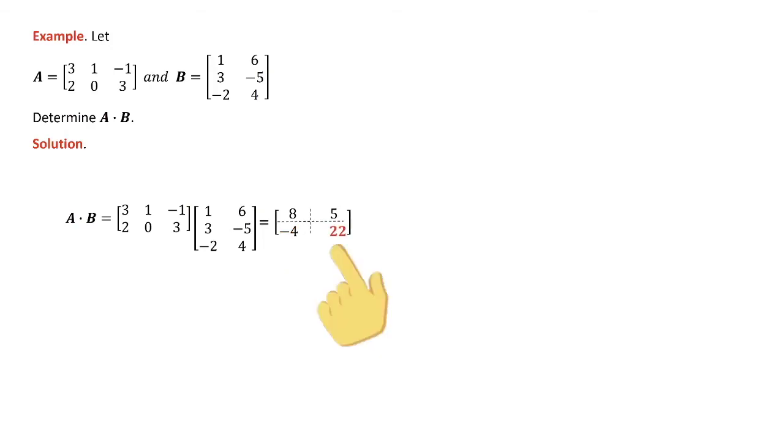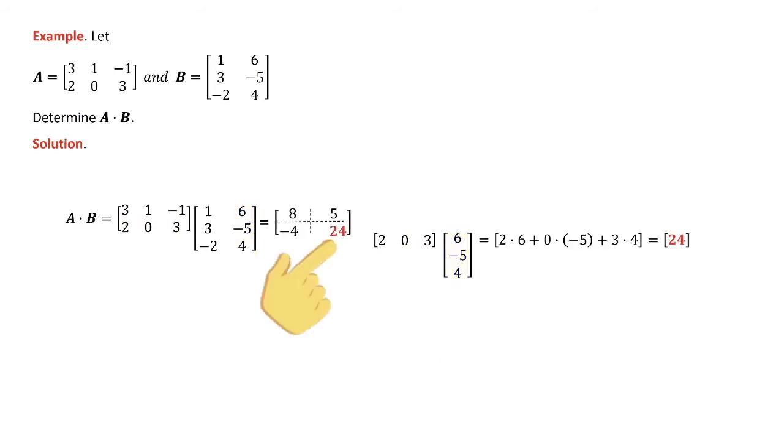Okay, see if you can do this one. I take the second row on the left and multiply it against the second column on the right. We do the standard calculation, and we get 24.